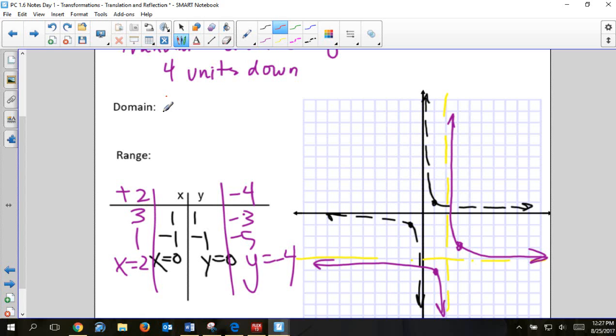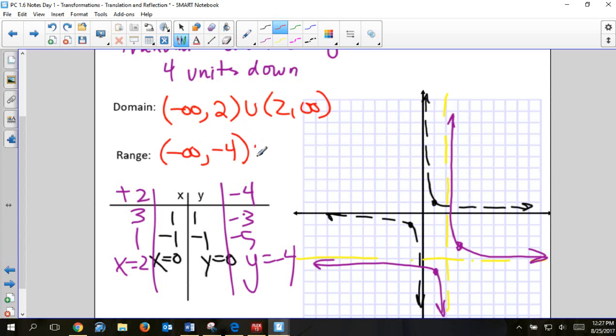So our domain is going to be -infinity to 2, union 2 to infinity. And then the range, from down to up, is going to skip over -4: -infinity to -4, union -4 to infinity.